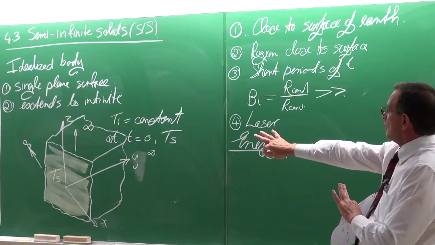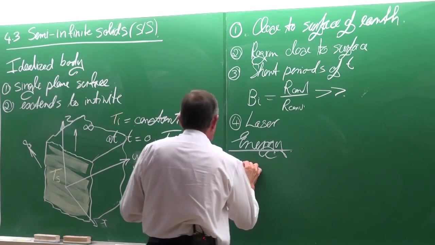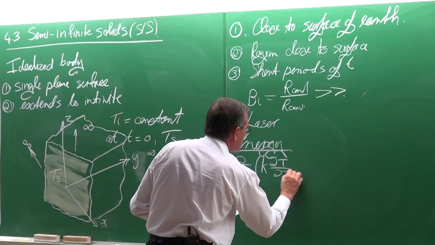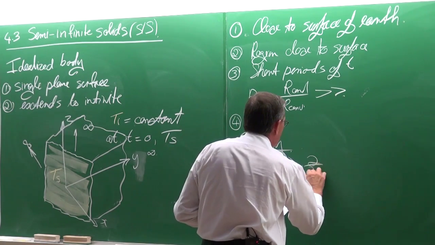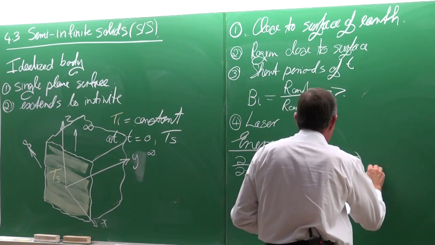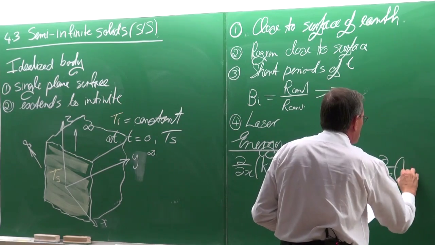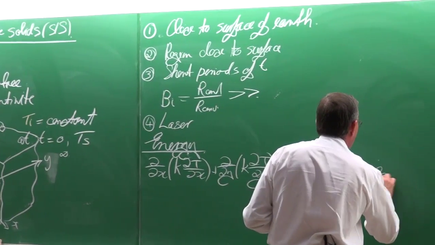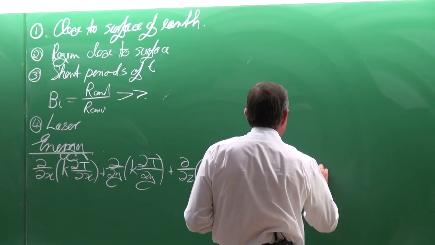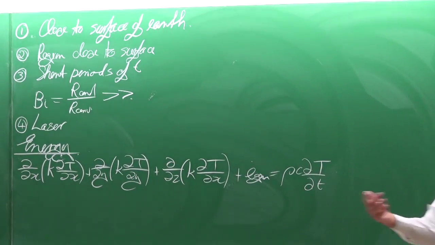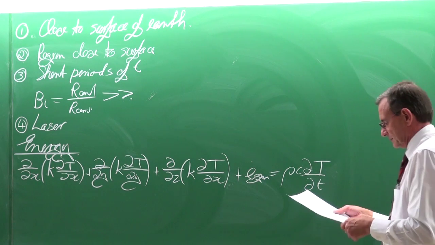If we look at the application of the energy equation on this body, then we can say it is equal to d/dx of k dT/dx plus d/dy of k dT/dy plus d/dz of k dT/dz plus E gen is equal to rho c partial dT/dt. The one capital T is temperature and the other small t is time. So that is the energy equation from first principles.